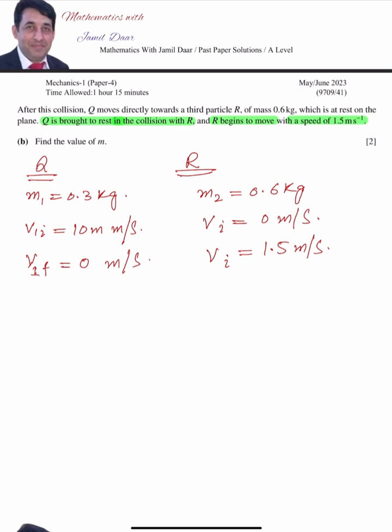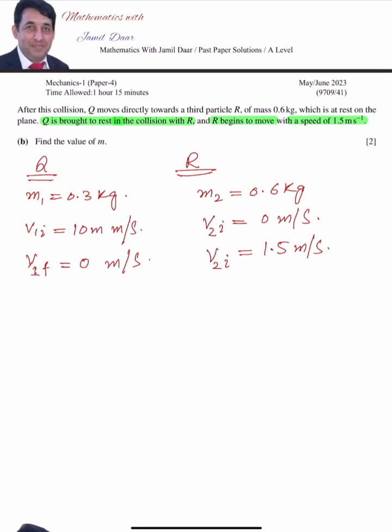M2 is 0.6, and R was at rest, so its initial velocity will be 0 meter per second. After collision it started moving with the speed of 1.5 meter per second, so its final velocity will be 1.5 meter per second.